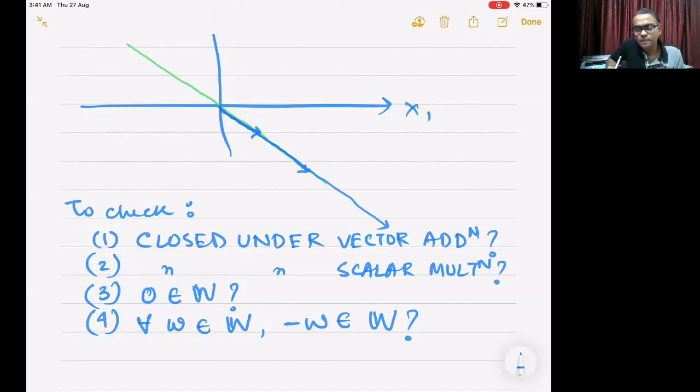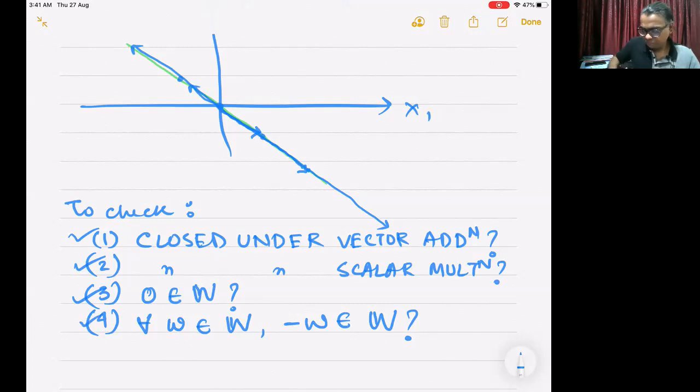So therefore this is closed under addition. Check. Closed under scalar multiplication: once again, take any arbitrary vector here. Multiply this. You're going to get something here, once again on the line. Second point, check. 0 is there. Third point, check. For w and minus w, of course, pick any w. Then the minus of that will be somewhere here. So number 4 is also checked. So this is a subspace.